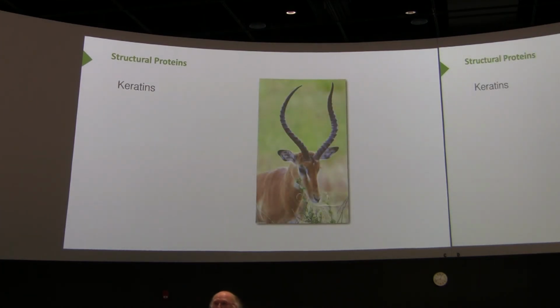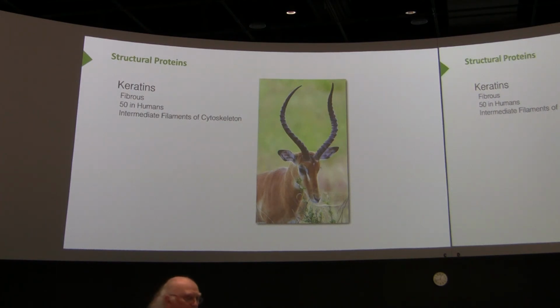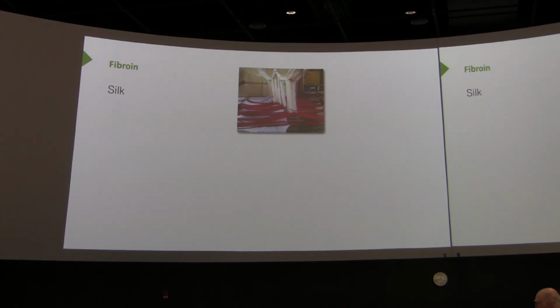Keratins, great example of the horns here. They're fibrous proteins. There are about 50 of them in humans. They form subcellular structures in the cytoskeleton as well as extracellular structures, as you can see here. They form hair, nails, and horns. Fibroin is the protein that's found in silk.